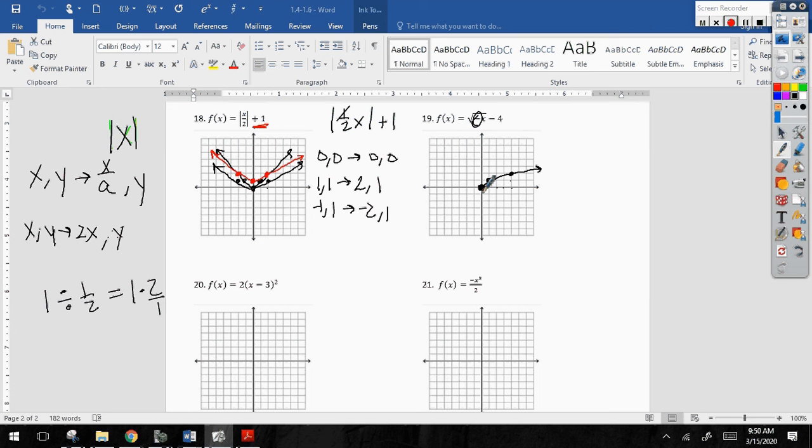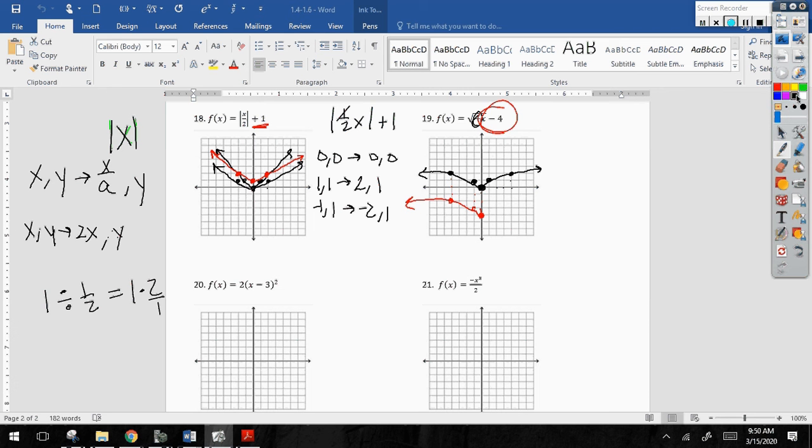That just means take all these points and flip them over the y-axis. And then I'm going to take this graph and move it all down 4. 1, 2, 3, and 4. Okay, final transformed graph there.